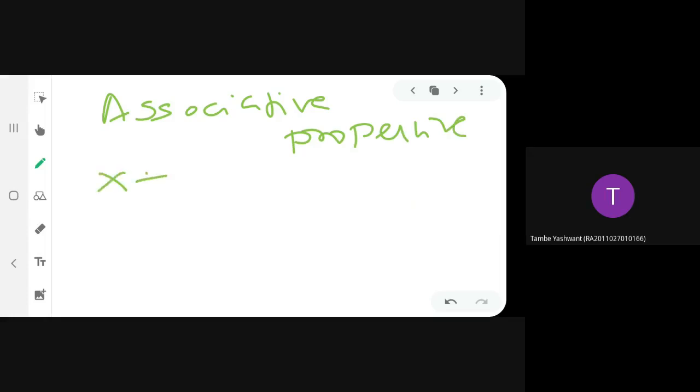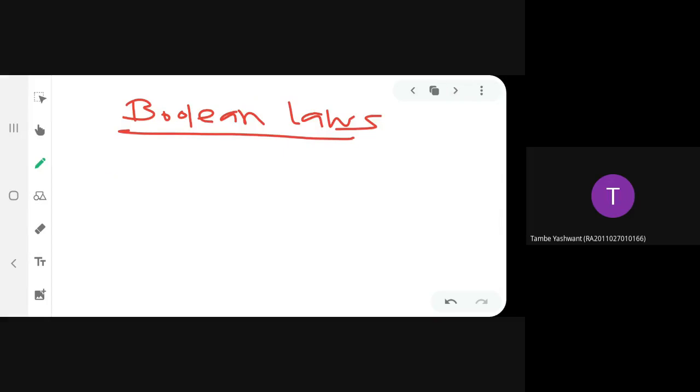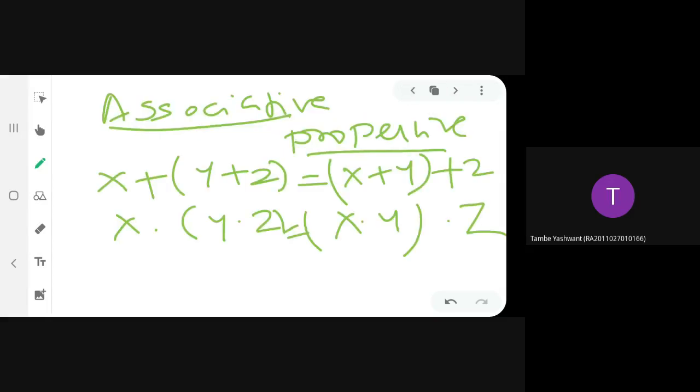Again, x plus y plus z is equal to x plus bracket y plus z. Same way, x dot y dot z is equal to x dot bracket y dot z. So this property is called associative property.